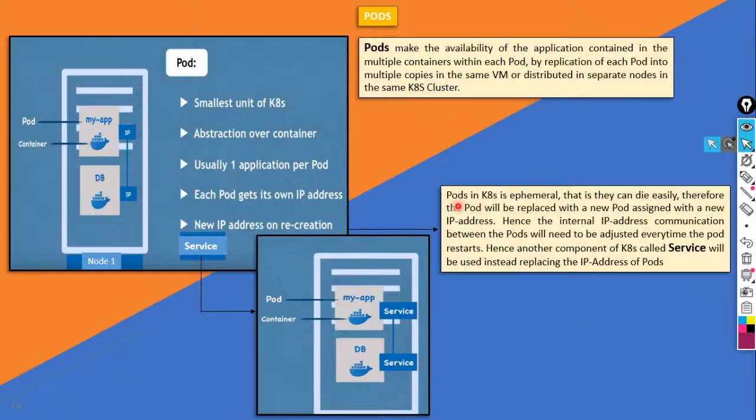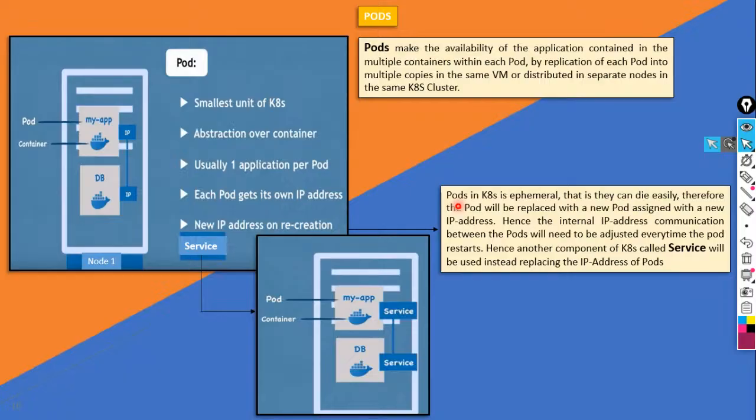So you see, pods in Kubernetes are ephemeral. That is, they can die easily. Therefore, the pod will be replaced with a new pod assigned a new IP address. Hence, the internal IP address communication between the pods will need to be adjusted every time the pod restarts, right?